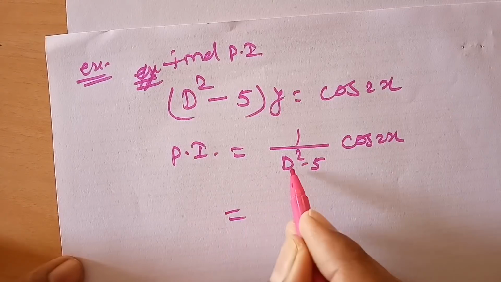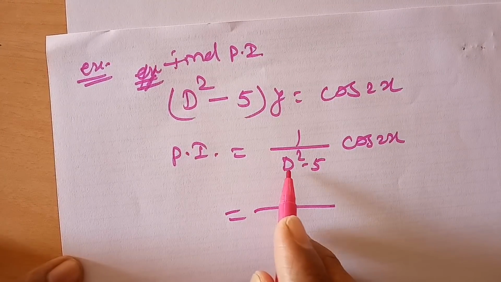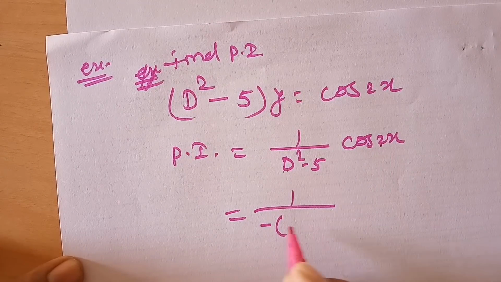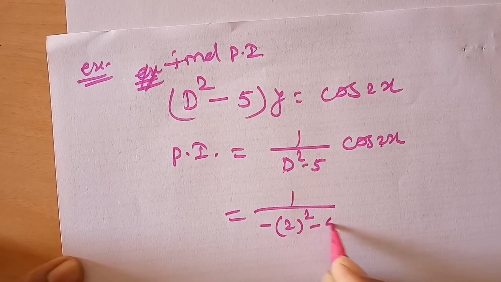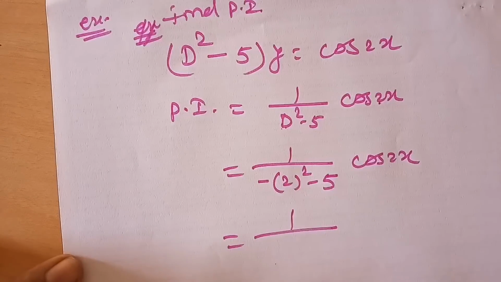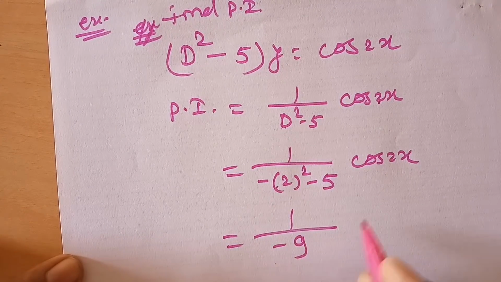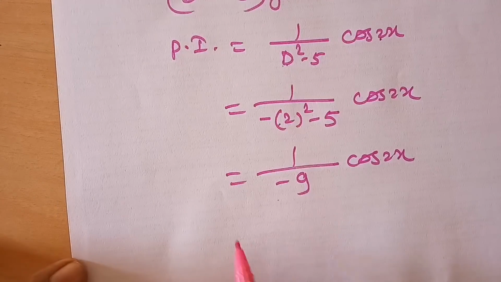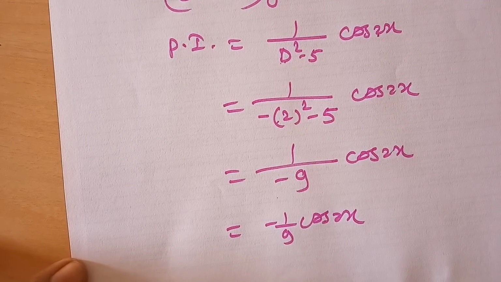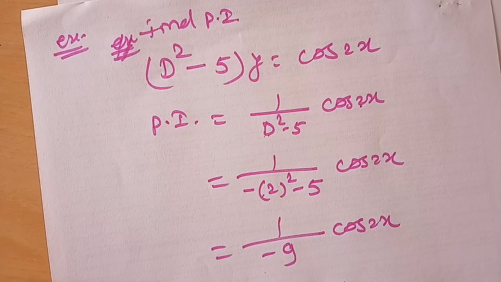Now here this D square I will replace by minus sign, and a is 2, so square of this, minus 5 into cos of 2x. This is equal to 1 upon minus 9 total into cos of 2x. This is minus 1 by 9 cos of 2x. This is our PI by using the shortcut method. Again, this is a very easy method, and usually we can find PI by using this shortcut method.